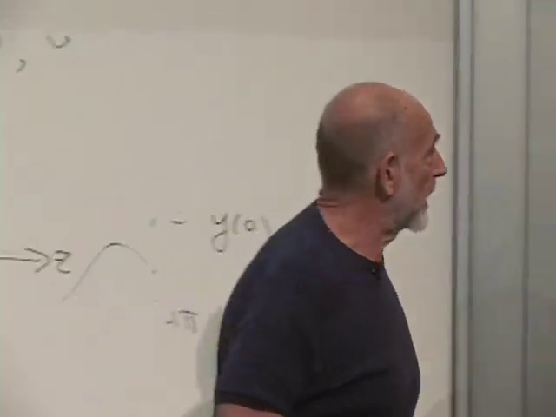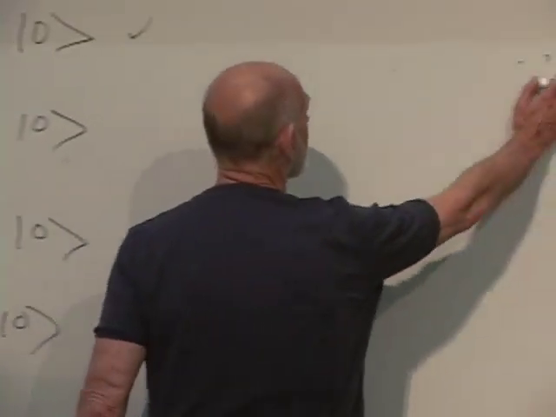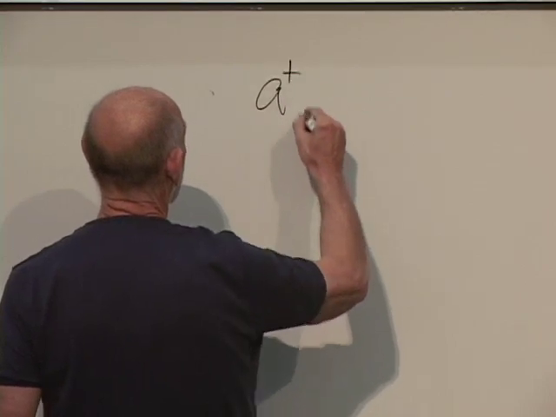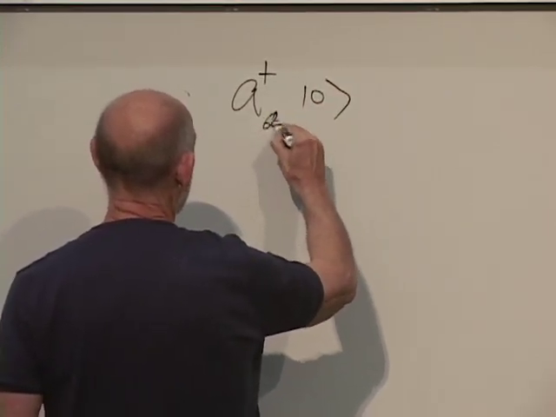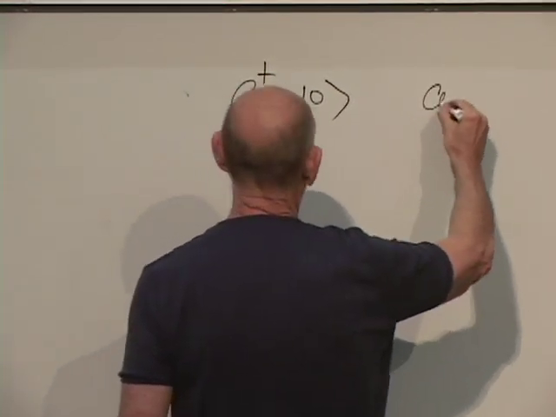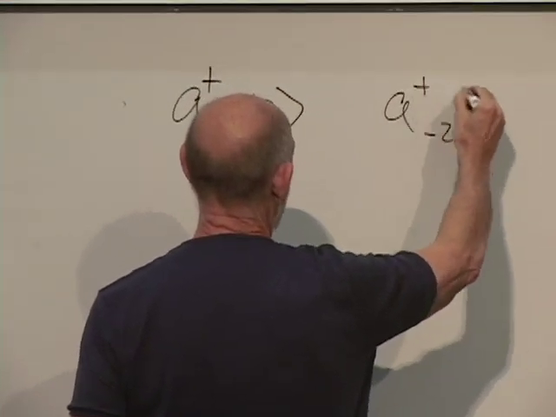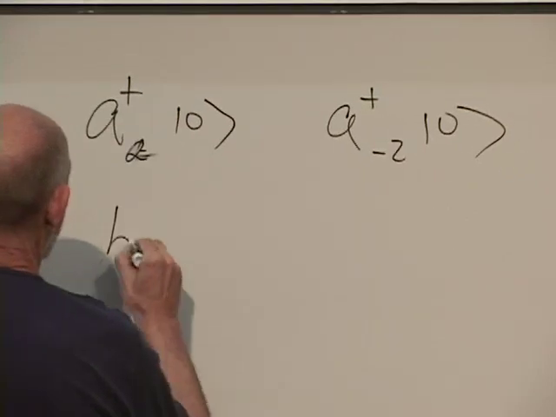A2. So let's write down over here A2 plus O. This is A2 plus A minus 2 plus O. How about B plus?